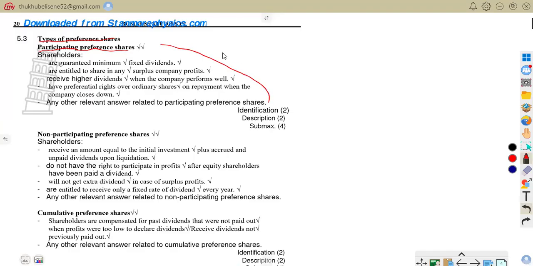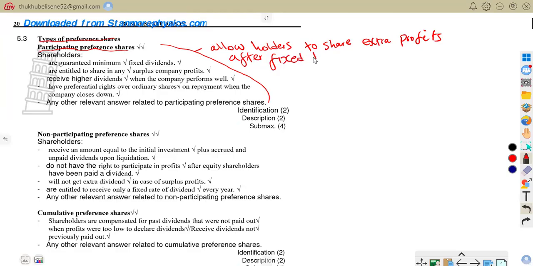We are saying this is where you allow shareholders to share extra profits after the fixed dividend.